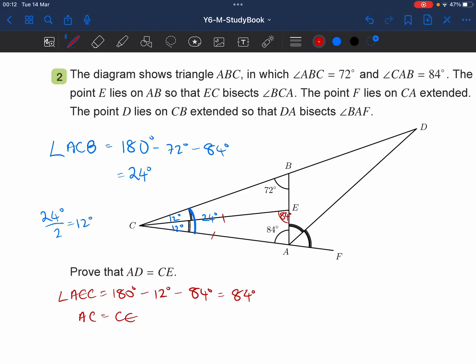Now we can try and find the rest of the angles, because F was an extension of CA.